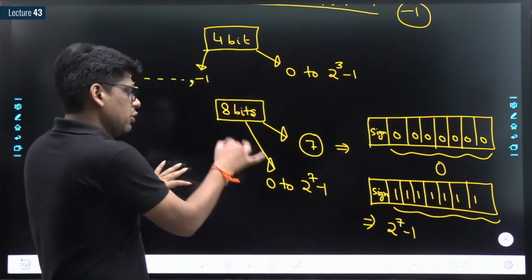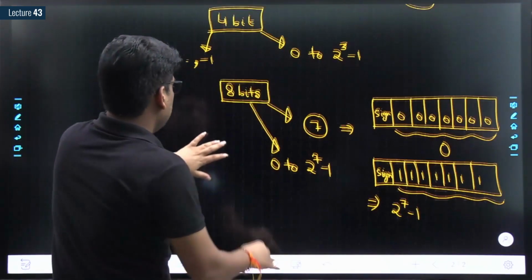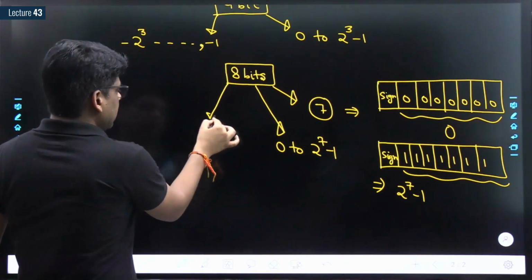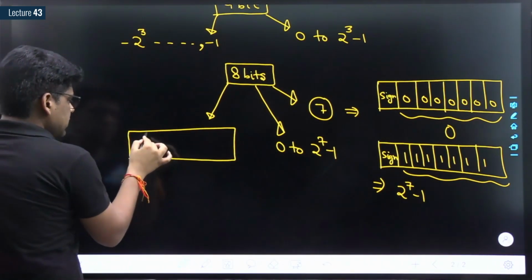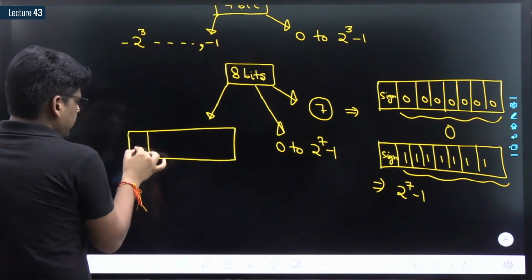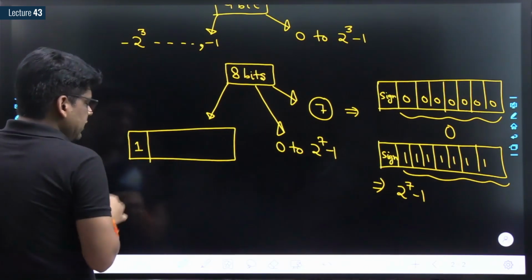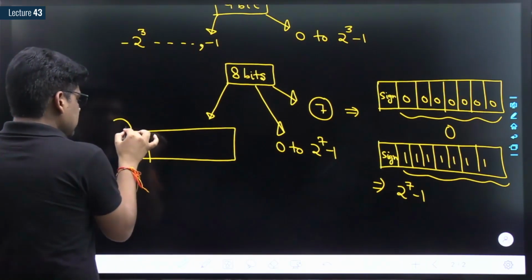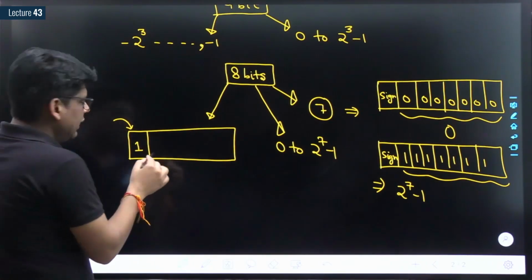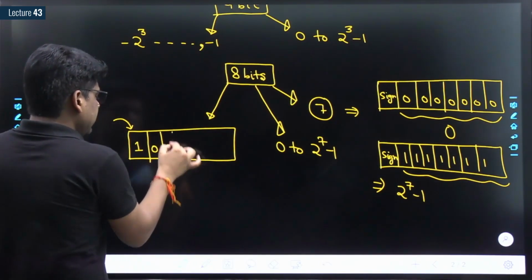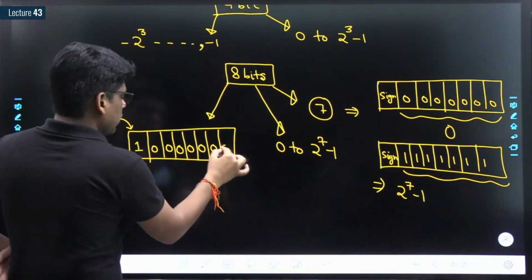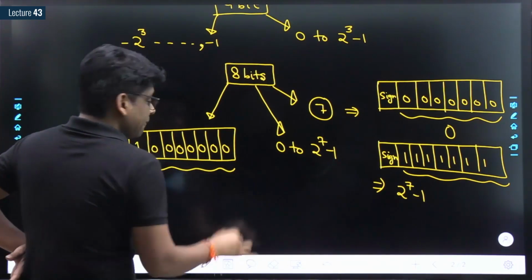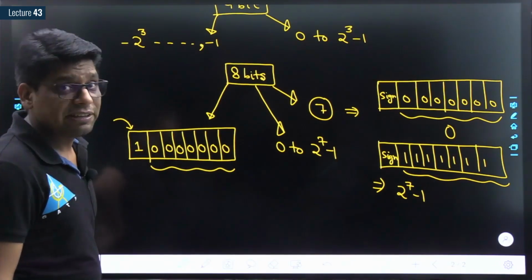For positive, it is completely okay. Coming to negative, please try to understand this. This is a very important topic. What is the minimum value when the first bit is 1, because we are working on negative numbers, and all the remaining bits are 0? How many are they? They are 7 zeros.